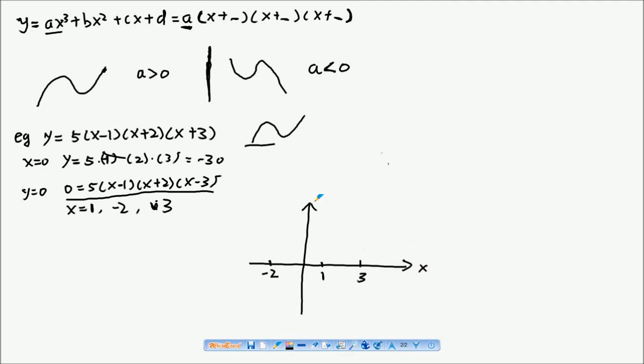That's our x and y. And the graph looks like this. And our y-intercept is that.